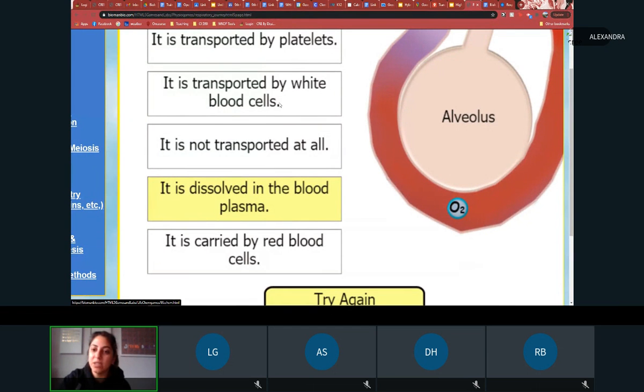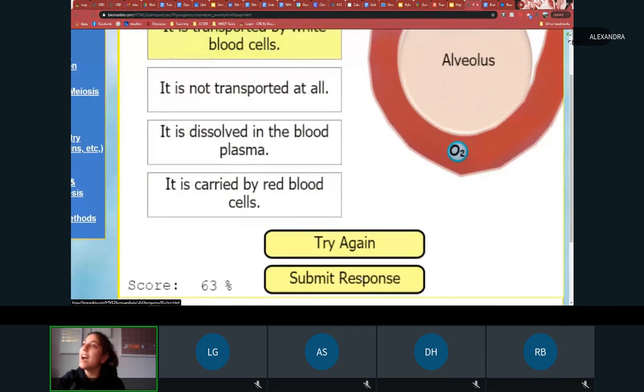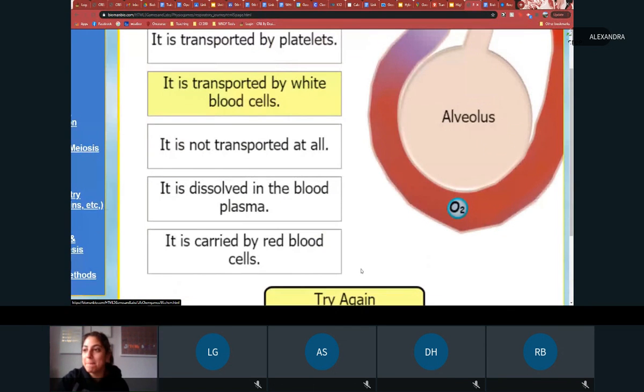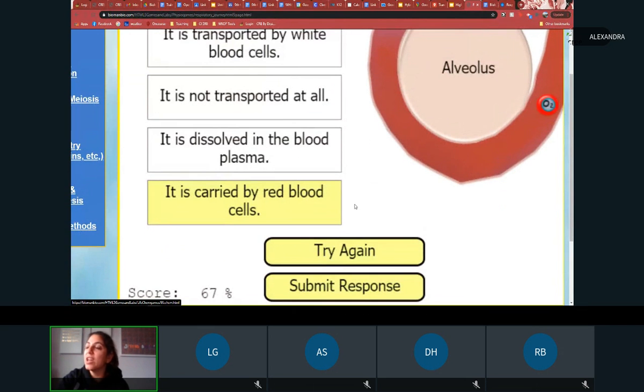Okay, all right. So I see most of us are saying white blood cells. Let's try. Oh no, so it's not white blood cells. It does not dissolve in the blood plasma. So let's try, Avery. So let's say it gets carried in the red blood cells, and that is correct.